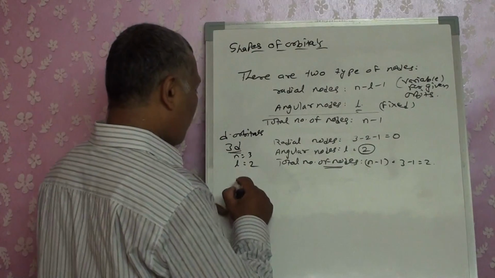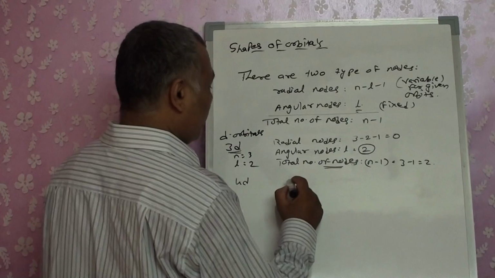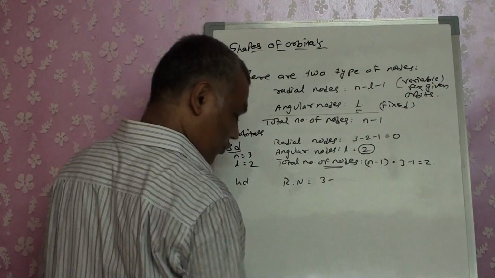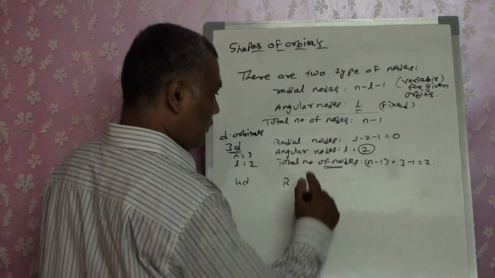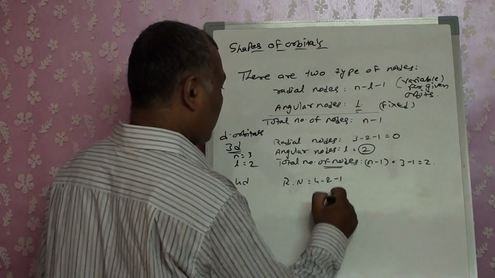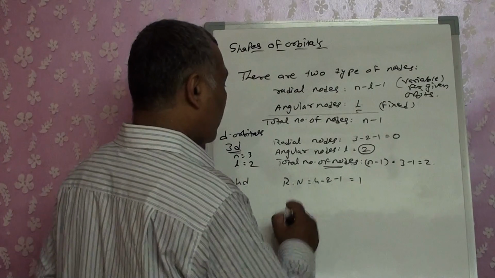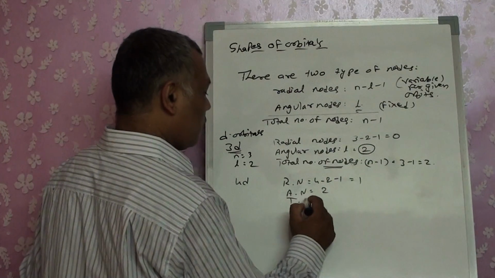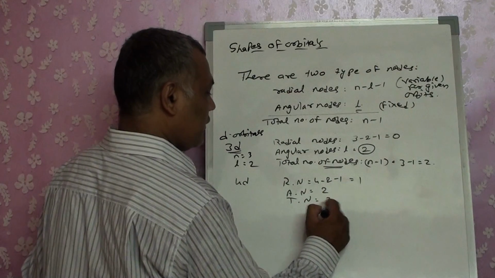Now, for 4D orbitals, radial nodes are 4 minus 2 minus 1, that means 1 radial node, angular nodes 2, and total nodes 3.